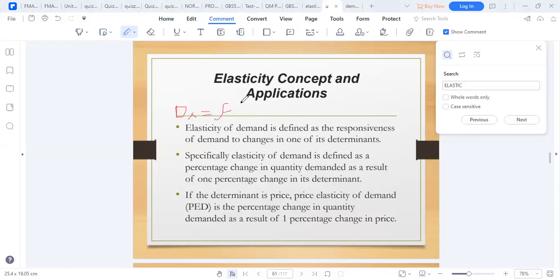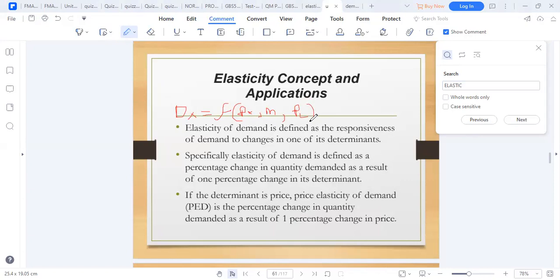Number 2, income gives birth to income elasticity. Number 3, the price of a related good, which could be a complementary or a substitute good. This gives us what we call cross price elasticity.